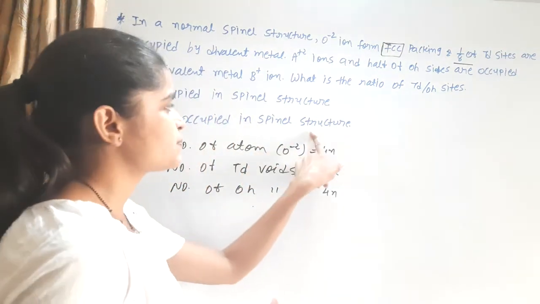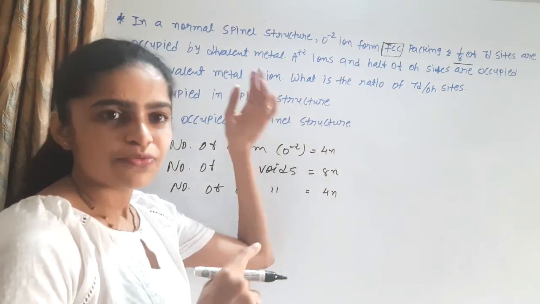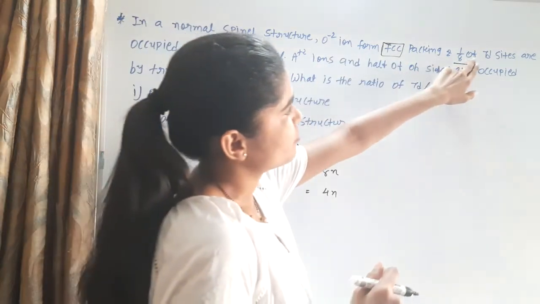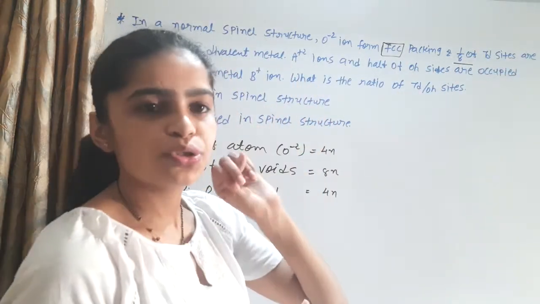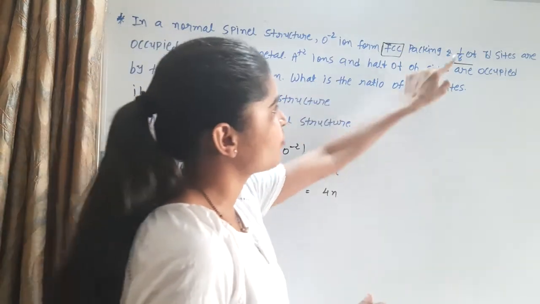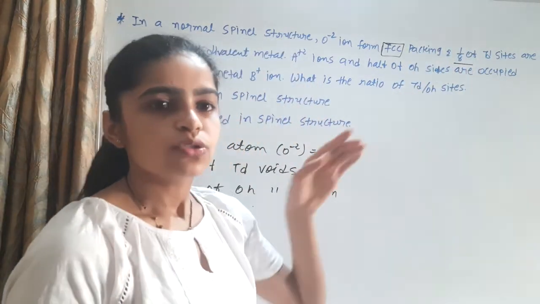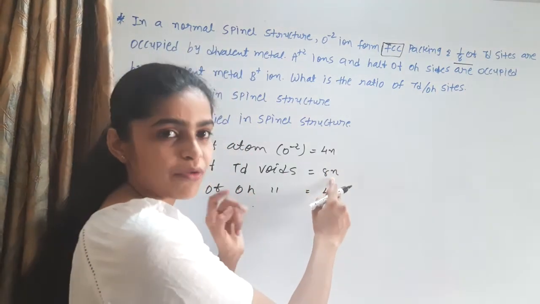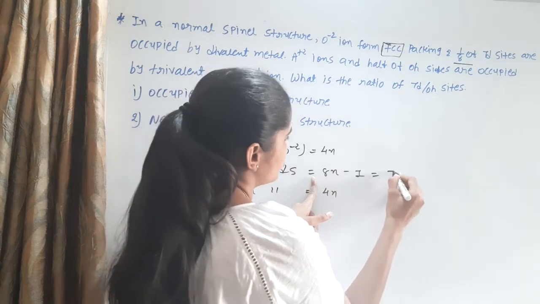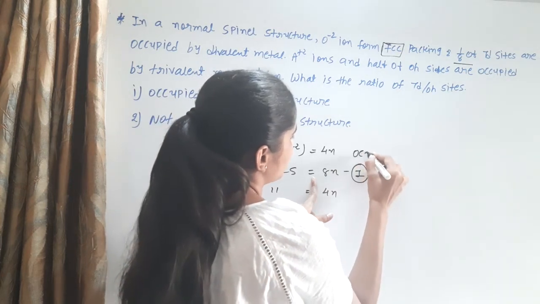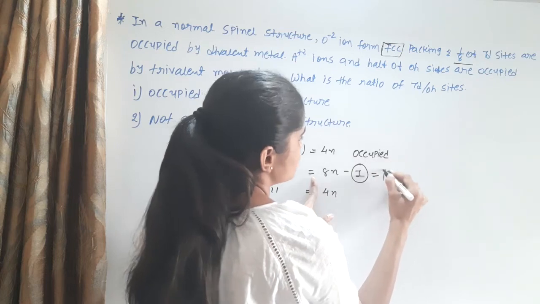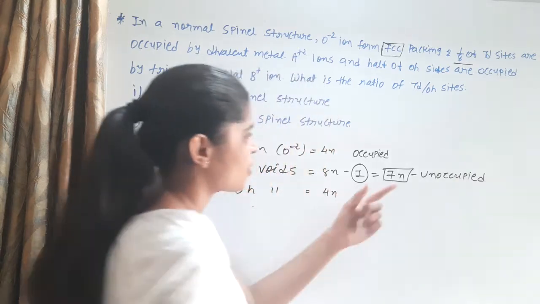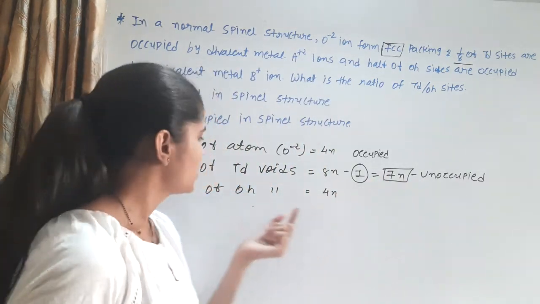Now the sites not occupied in the spinel structure, the unoccupied sites. First we discuss the occupied sites. In the occupied sites, 1 by 8 of tetrahedral sites: total 8 sites, but only 1 is occupied because of the 1 by 8. So unoccupied sites is equal to 7. This is the total number 8n minus 1, because this is the occupied, and 7n is unoccupied. The number of unoccupied sites is 7.